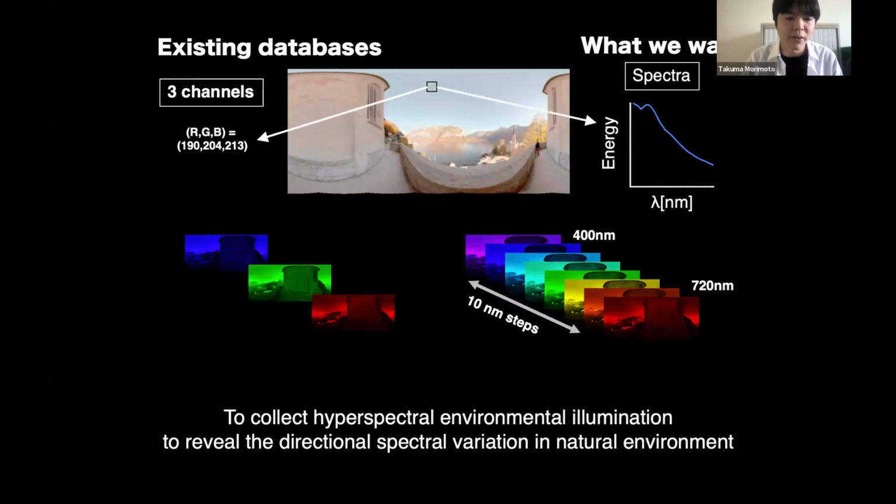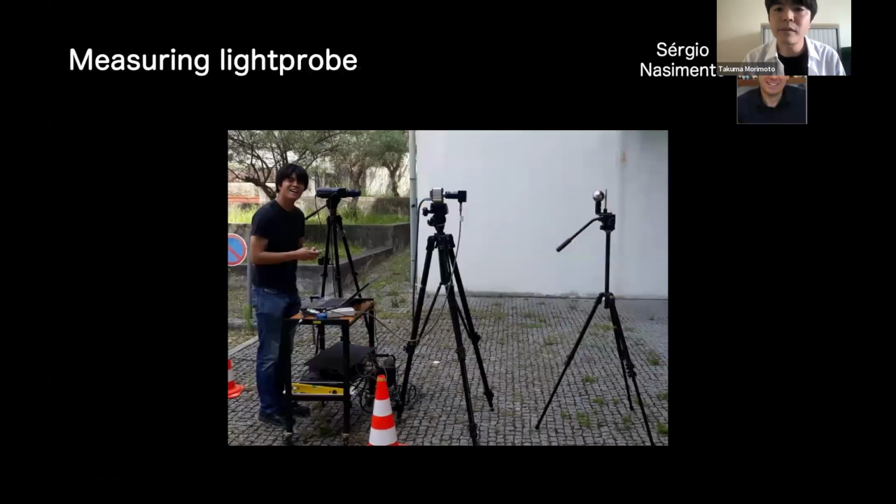So instead, if we want to think about the illumination, it's important to have spectral information. So we basically went outside and collected hyperspectral light probes. And we wanted to understand how the spectrum varies depending on incident angle in natural environments. So how could we do this?